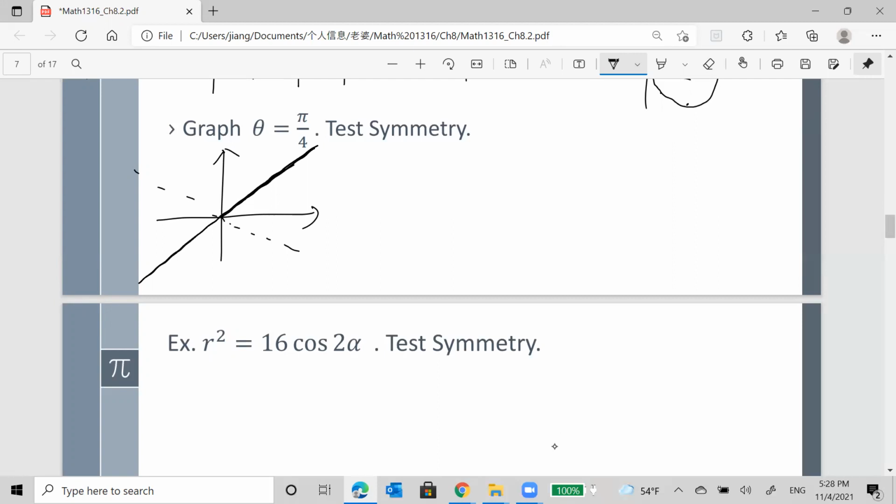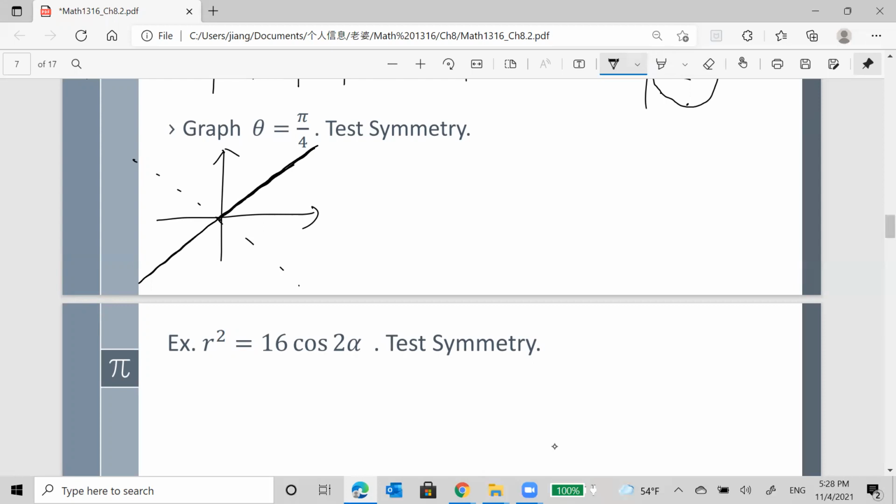That means it's not symmetric to the polar axis. And then if I do the reflection along theta equals pi over 2, so if this is a mirror, I have another one like this. They don't overlap. That means it's not symmetric to theta equals pi over 2.